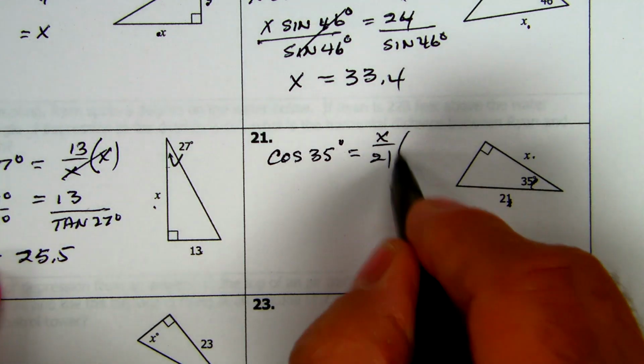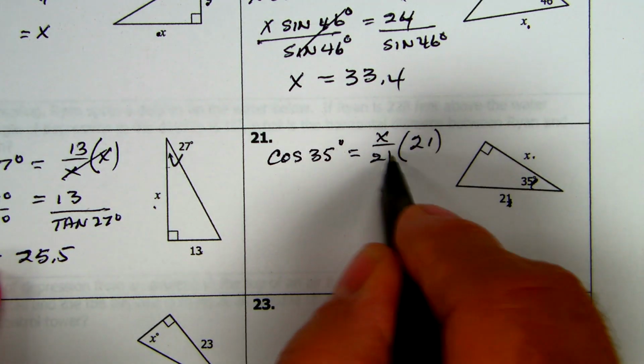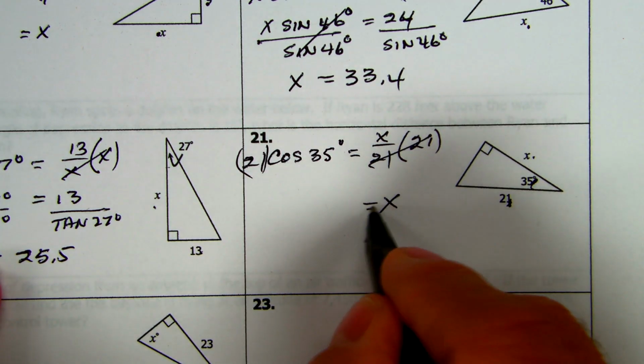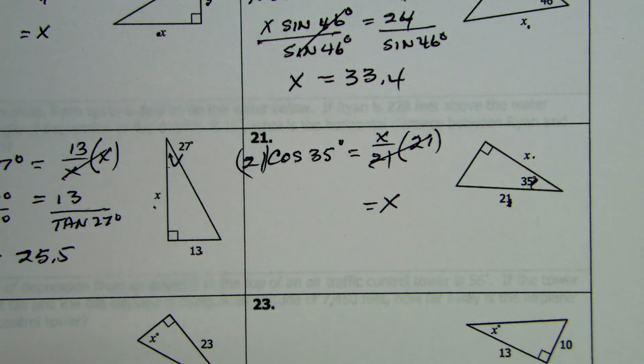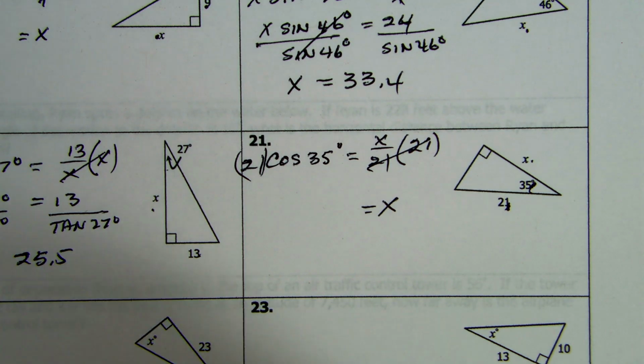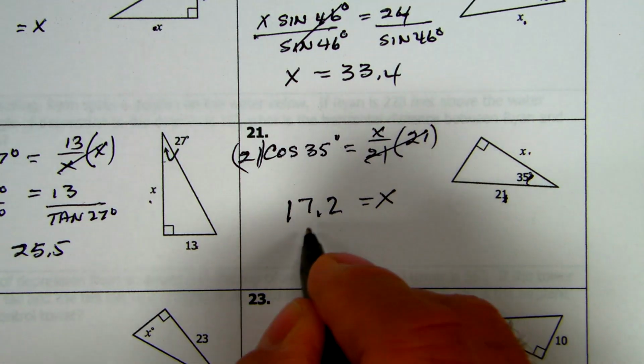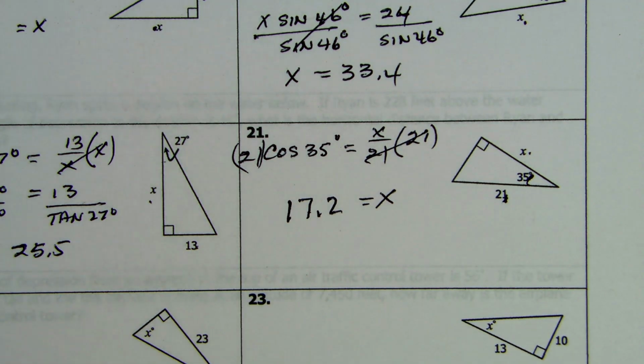Now, I'm going to multiply both sides by 21 to get this out of the denominator. So I see that x is equal to 21 cosine of 35 degrees. When I do that, I get 17.2.